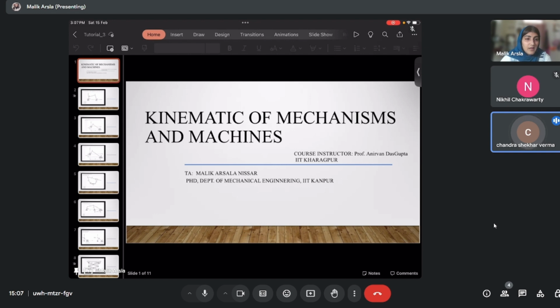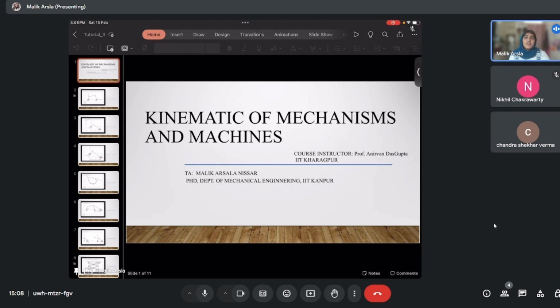Yes, ma'am. In forward kinematic analysis, the inputs are given and we have to find the actuator positions. In the inverse case, the actuator positions are given, and we have to find the inputs, the angles and other things. These are the basic differences.